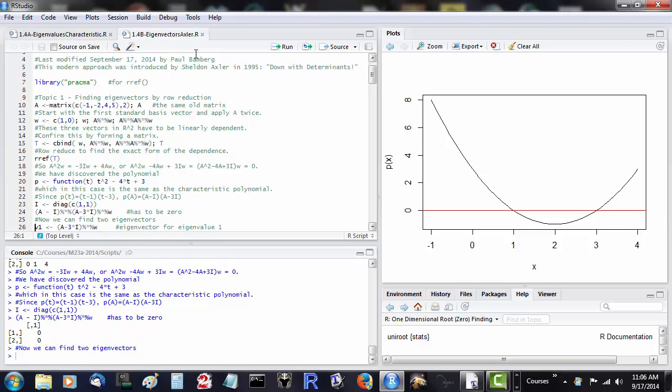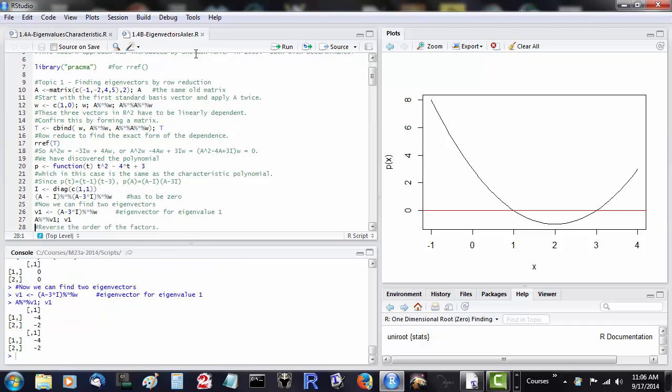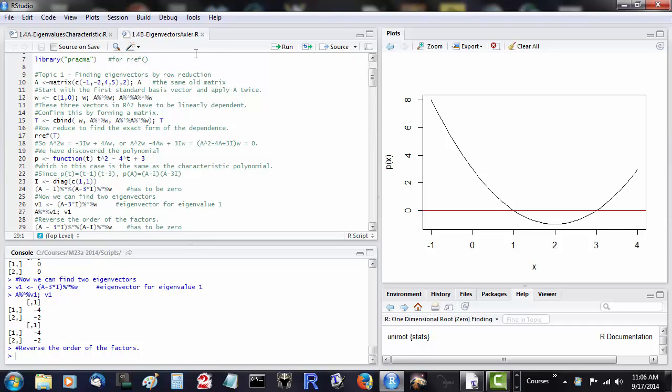If I hit it only with A minus 3I, I construct a vector V1, which gives 0 when I hit it with A minus I. In other words, it's an eigenvector with eigenvalue 1. The two factors commute with one another.